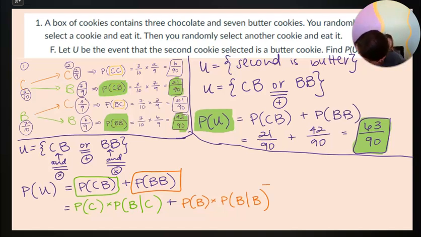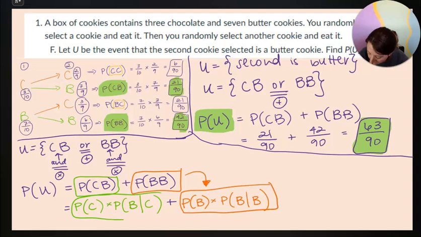Again, I'm color coding. As a reminder, we calculated these earlier, but I am doing all of this just to show you how we can do it without a tree diagram.